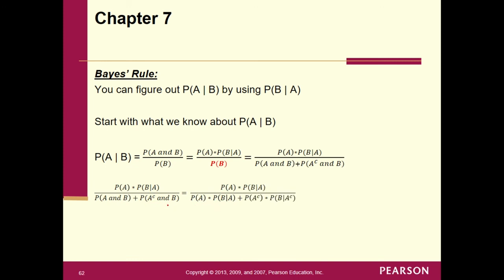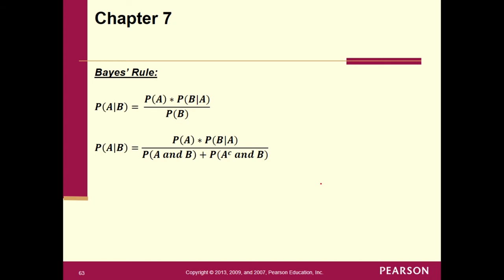The probability of the complement of A and B would be equal to the probability of the complement of A times the probability of B given the complement of A. I know it's kind of a lot, but this is another form of Bayes' law, Bayes' theorem. It's right there. So there's the first two, and there's the third one that we just talked about.